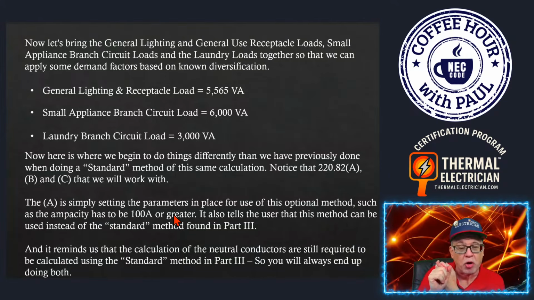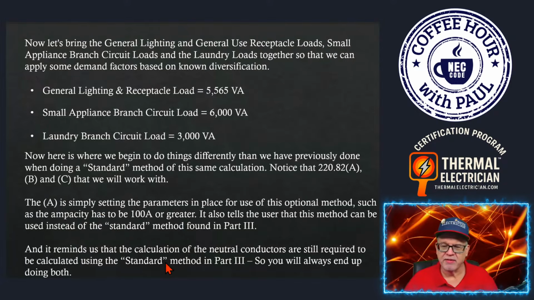There's a threshold that we have to have. It also tells us, the user, that the method can be used instead of the standard method, so we're choosing to use the optional method. It also reminds us that the calculation of the neutral still has to be done using the standard method.